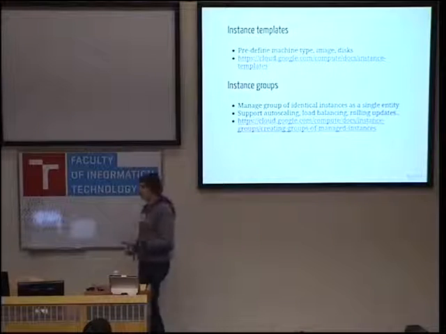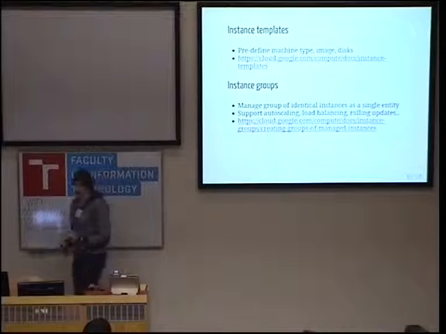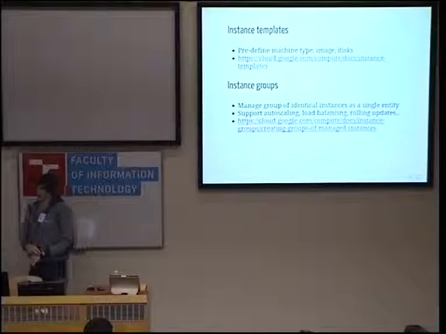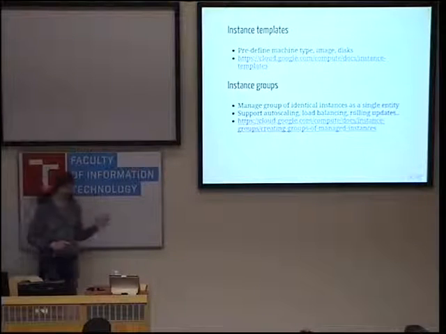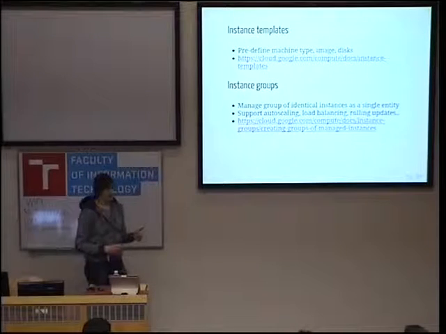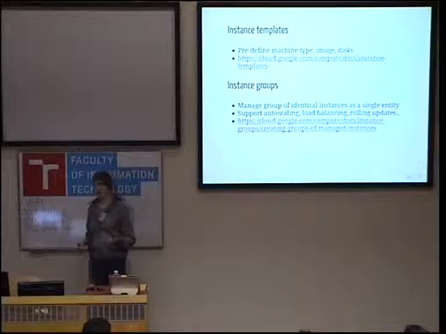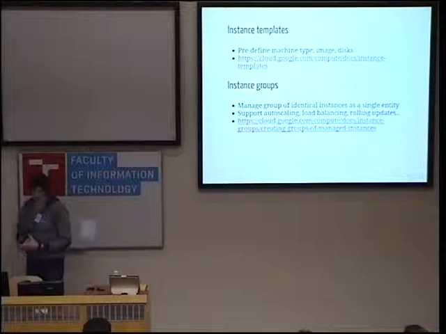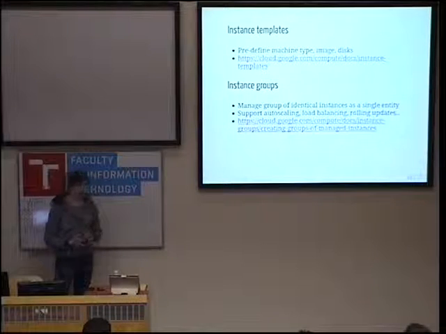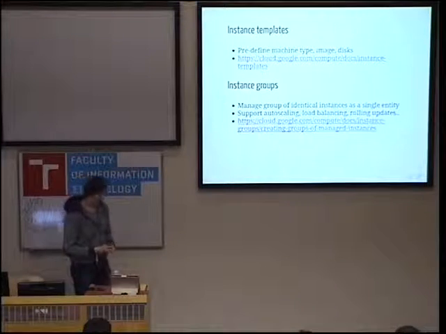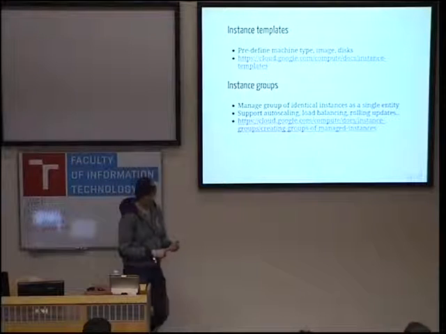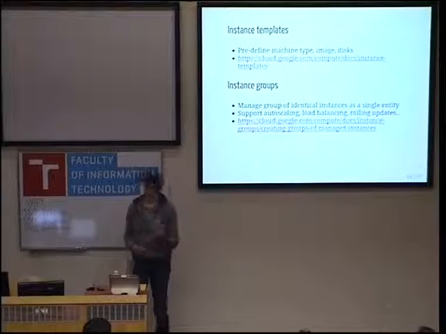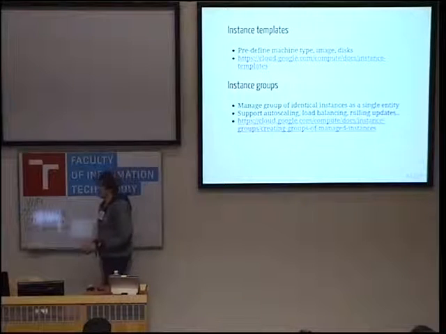That's the basic configuration of an instance group, and when you create it, Google Compute Engine will create the required number of instances automatically. It supports health checks, so you can easily create auto healing. It's used also for load balancing and stuff like that.